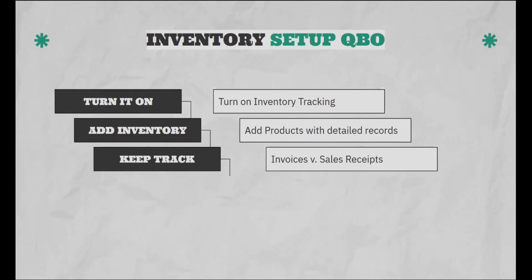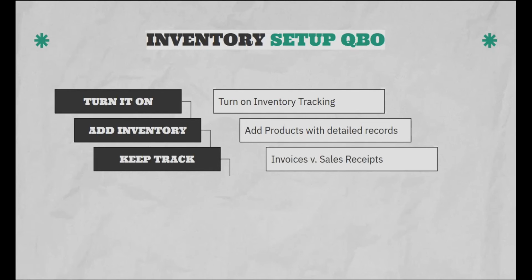So you've already put in all of your inventory. Let's say you've got, the example they always use in accounting is widgets. It's just a general inventory item. So let's say you have 10 widgets and you're selling them. Someone comes in, you sell one widget, you give them an invoice. QuickBooks now knows you've got 9 left.